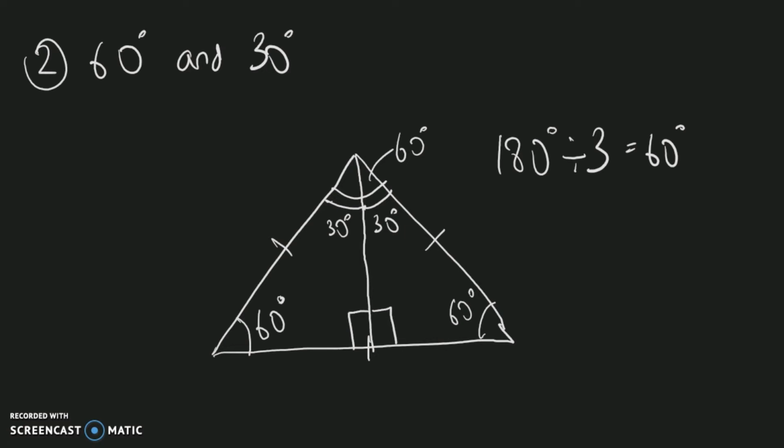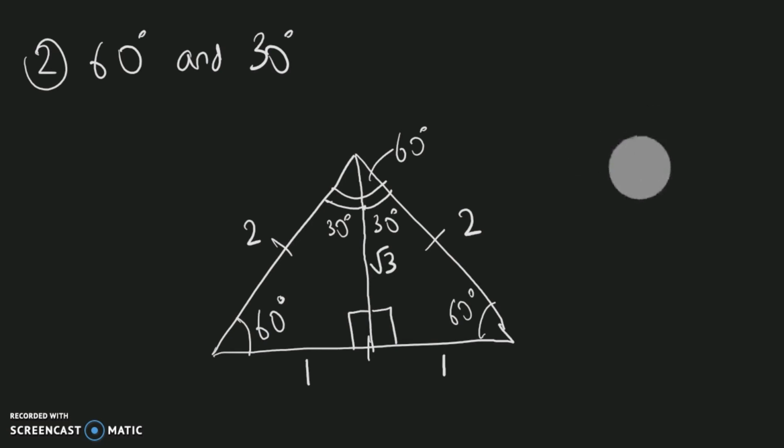Now let's analyze the ratios between these triangles. Since this line is divided into two, let's treat this as 1 and 1. This becomes the square root of 3, and this becomes 2, and it also becomes 2. Now based on this triangle, let's do the 60 degrees here, and 30 degrees here.